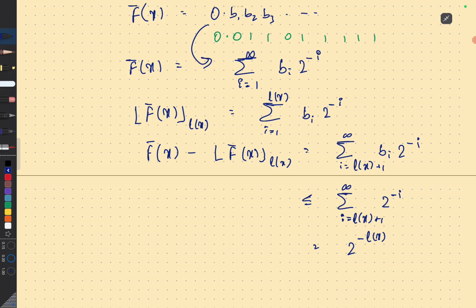Which means that the code word for x prime cannot be a prefix of the code word for x.